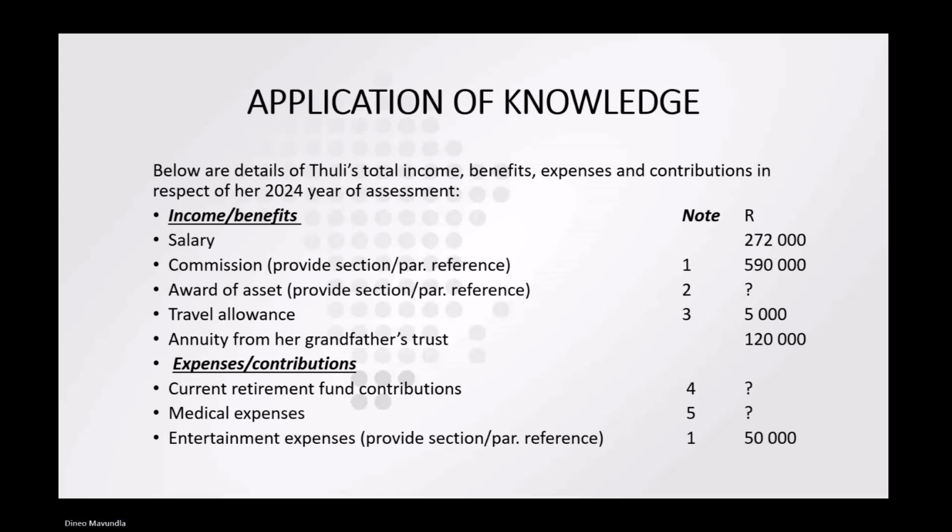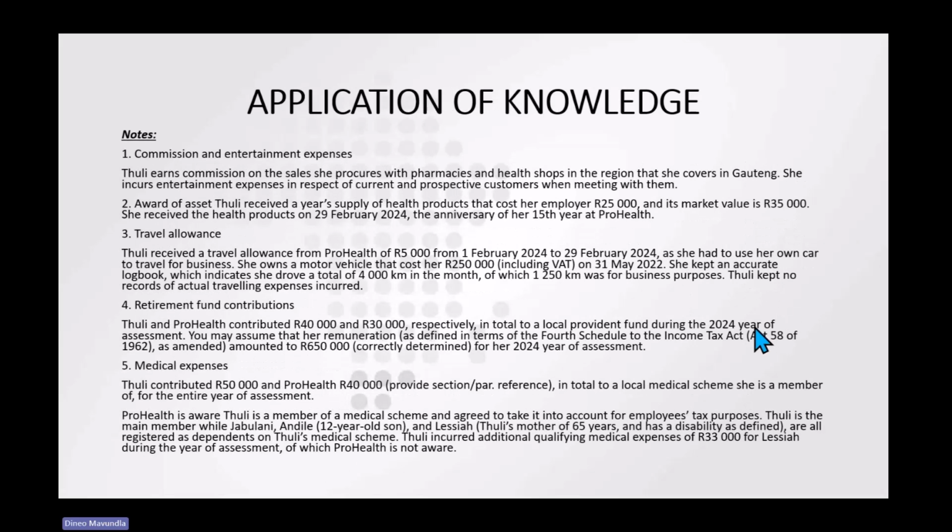Then they don't tell us the actual amount that was received. They refer us to note 2, sorry. They tell us that Tuli received a year's supply of health products that cost her employer 25,000 Rand. Its market value is 35,000 Rand.